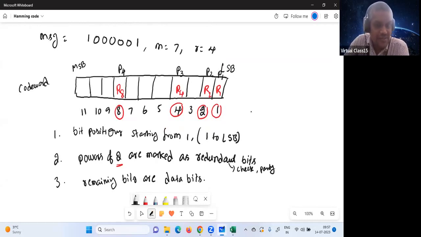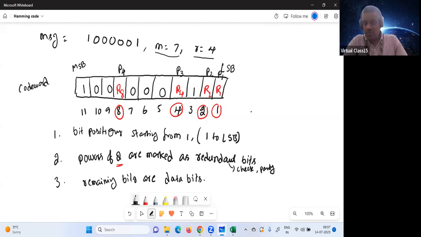So I will now fill up the message 1, 0, 0 here. How many zeros? 1, 2, 3, 4, 5 zeros, then 1. See, how many bits remain empty? 7 bits only. Because we have already seen m equal to 7, r equal to 4, totally 11 bit positions.